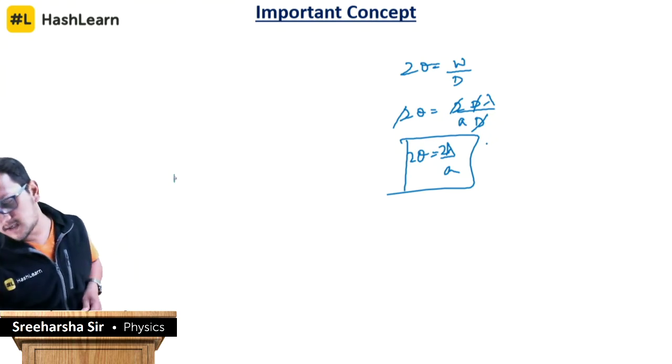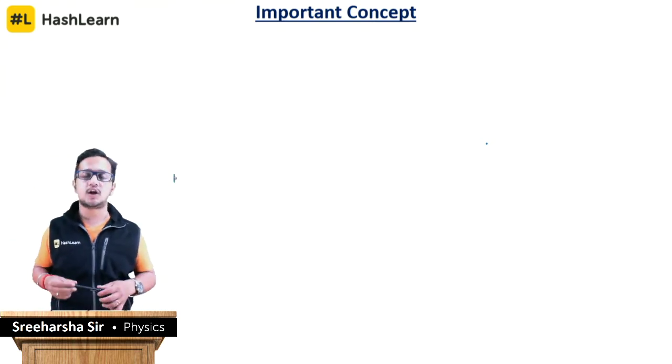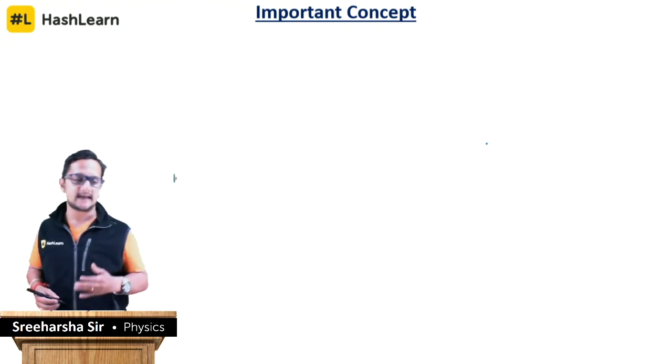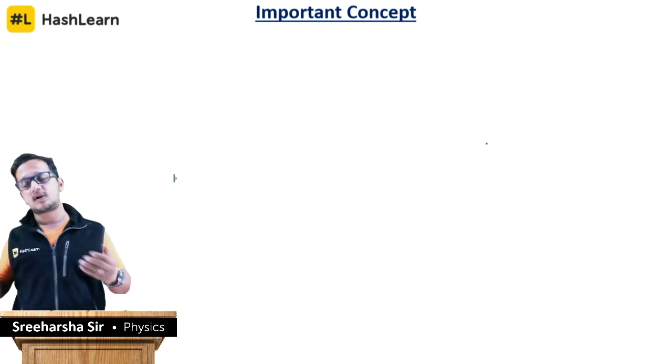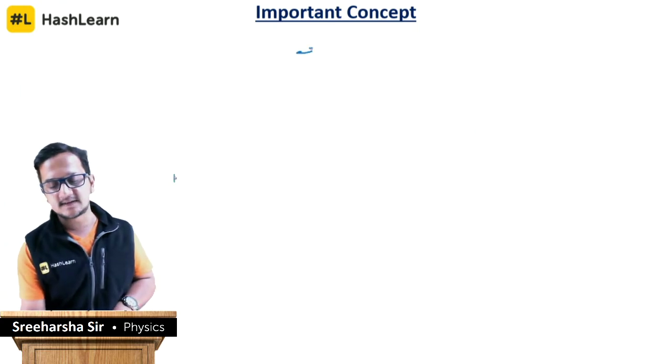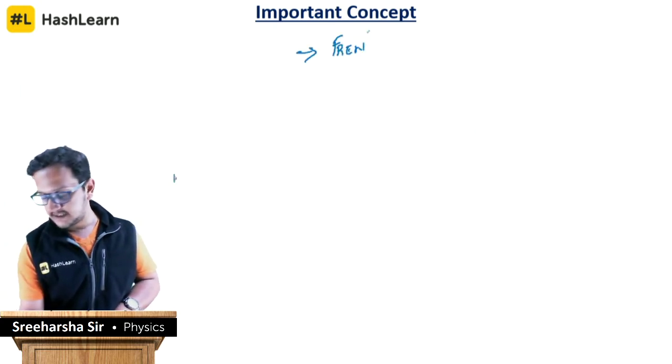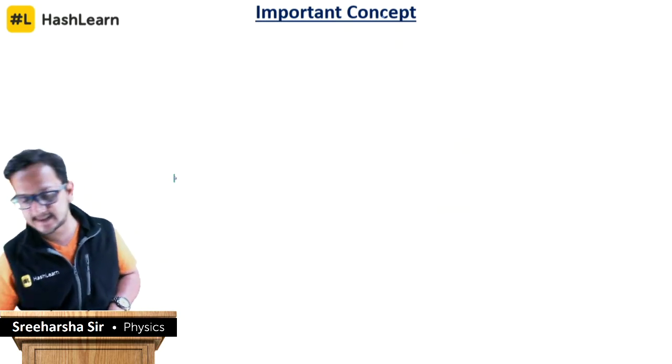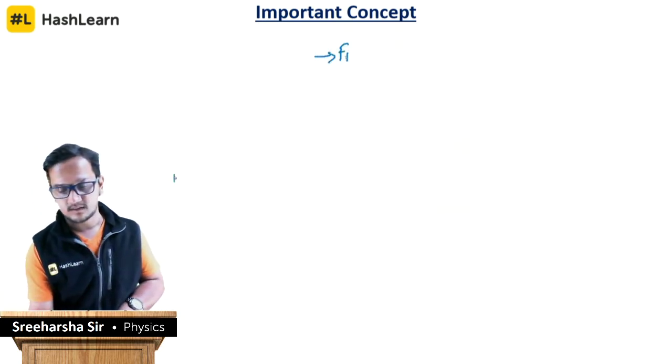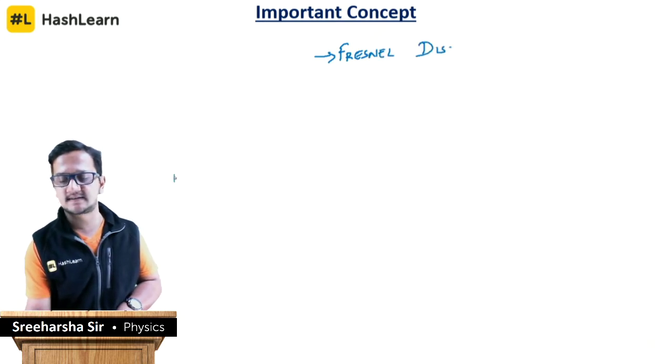There is one small concept which is going to help us solve certain problems, and that is very important conceptually, and that is called Fresnel distance. So what is this Fresnel distance?